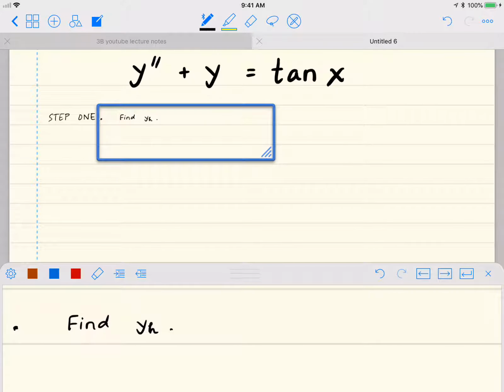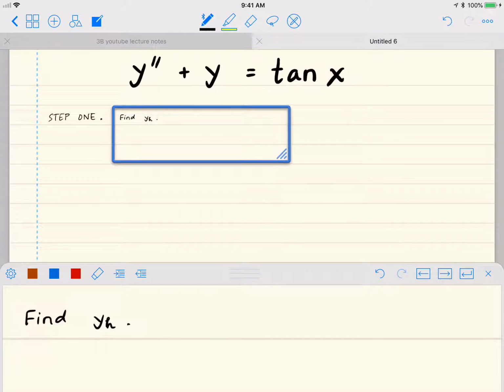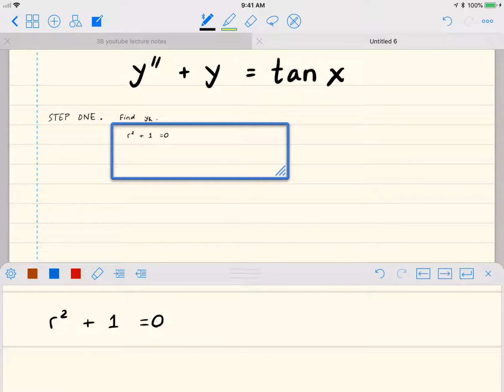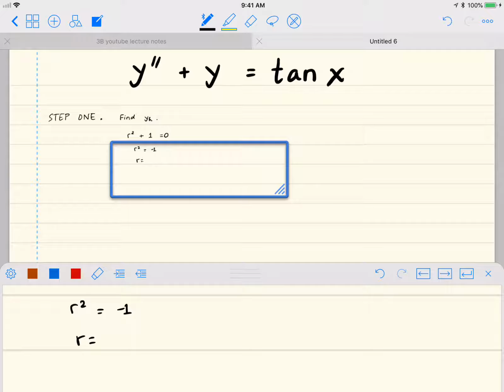Okay, and so now to find yh, we're going to form our characteristic equation, which is going to be r squared plus 1 equals 0. So that means r squared equals -1.